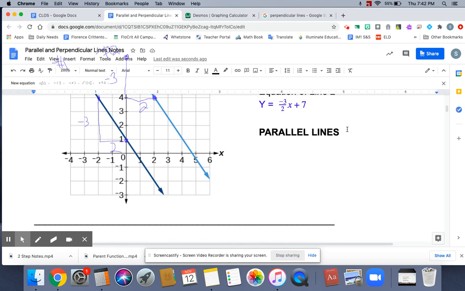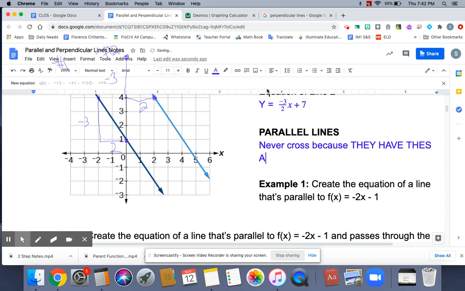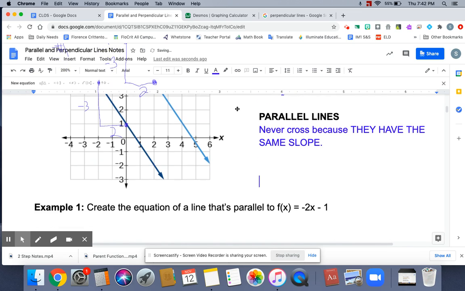So parallel lines never cross because they have the same slope. And that's the important thing about parallel lines.